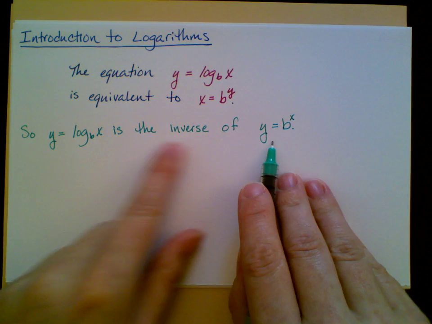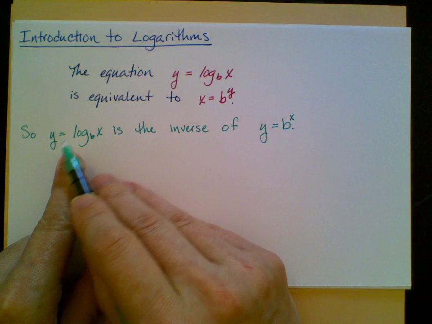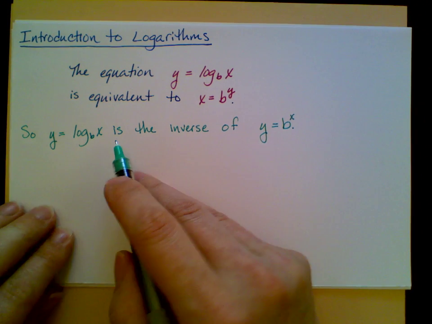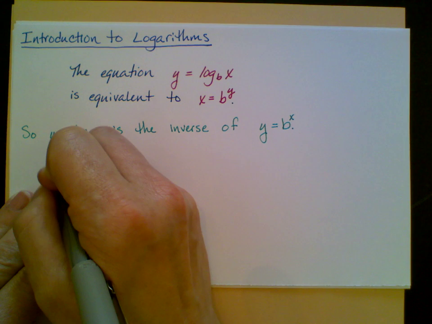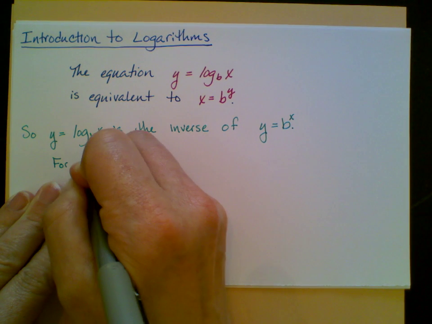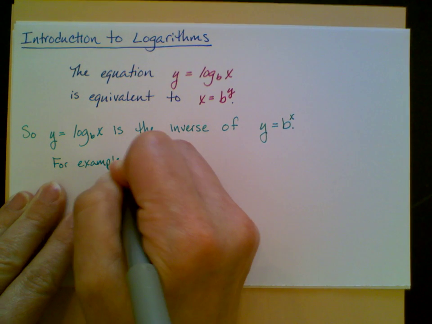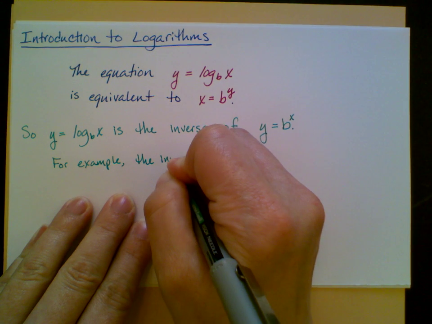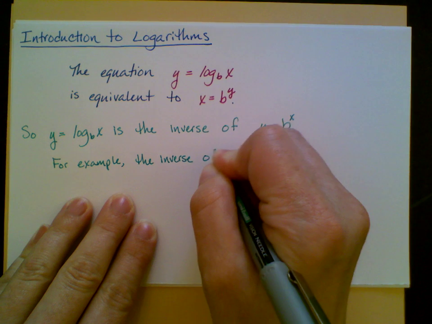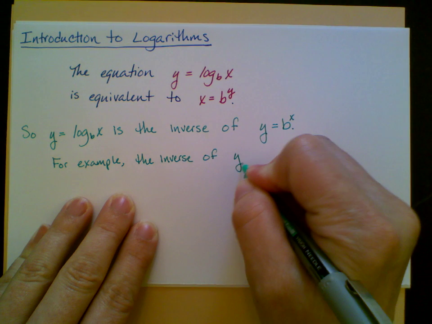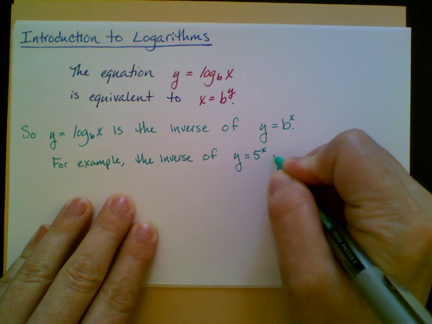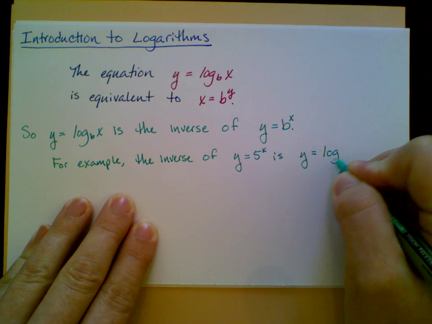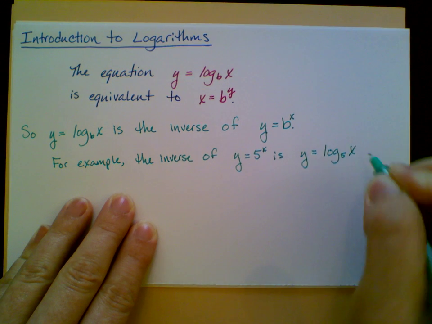The inverse of that function would be y equals log base 3 of x. We could write that down. For example, or I'll even switch it up. The inverse of y equals 5 to the x is y equals log base 5 of x.